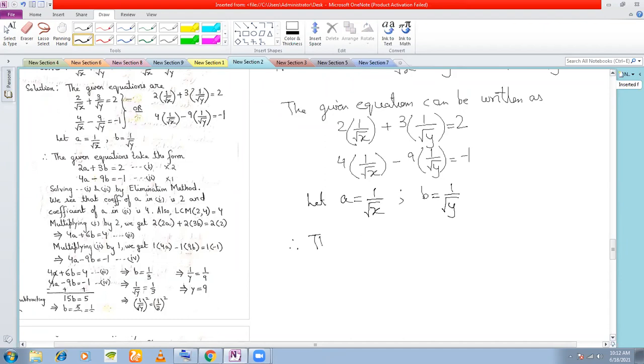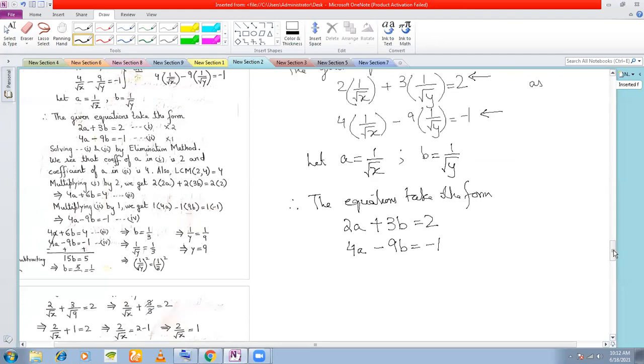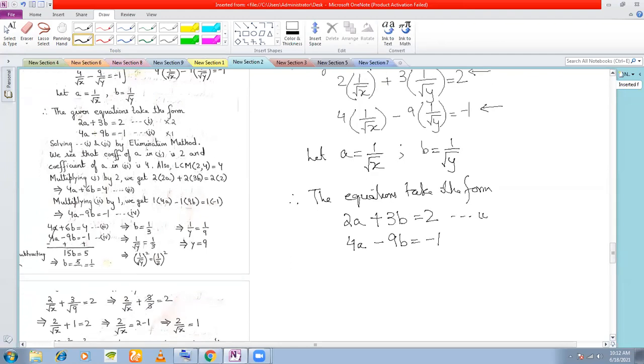Therefore, the equations take the form: first equation 2a plus 3b is equal to 2. From the second one, you have 4a minus 9b is equal to minus 1. Okay. Let us call these two equations as 3 and 4.